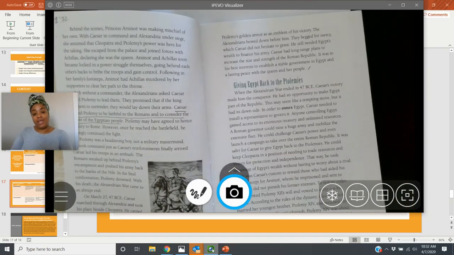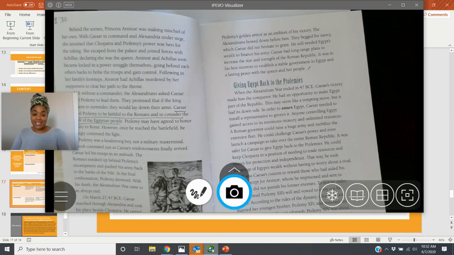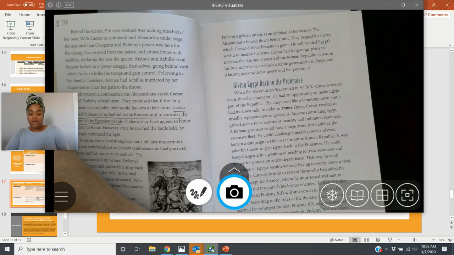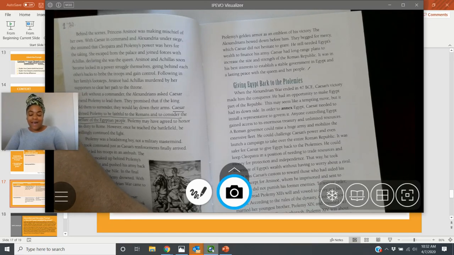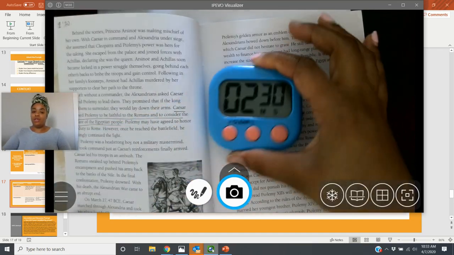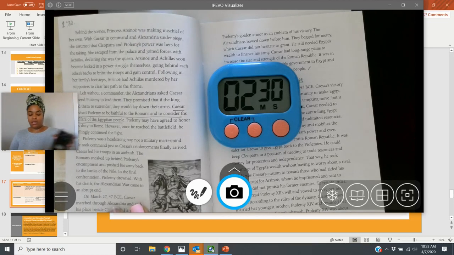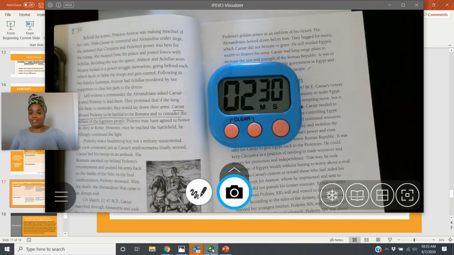You will have 2 minutes and 30 seconds to read. Make sure that you identify by annotating in your text things that Caesar did to create power. Your time has started.